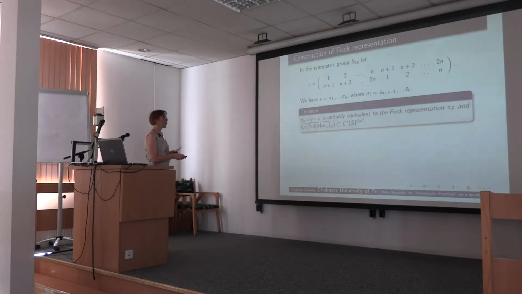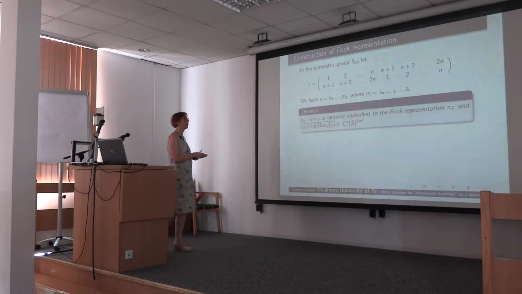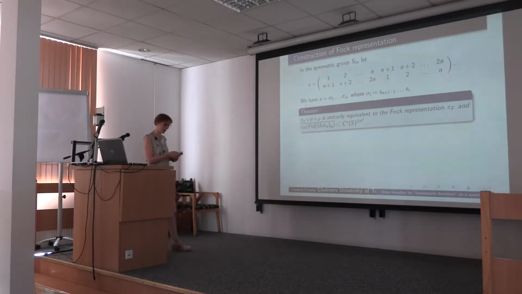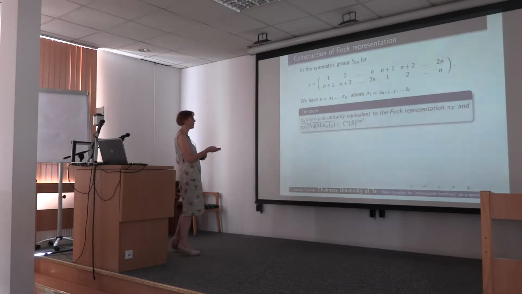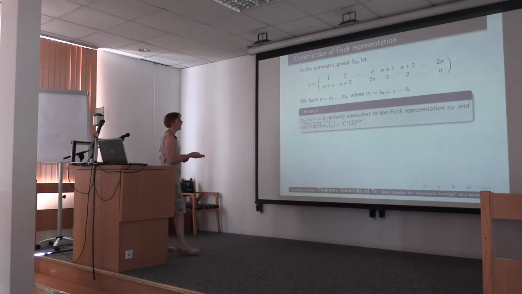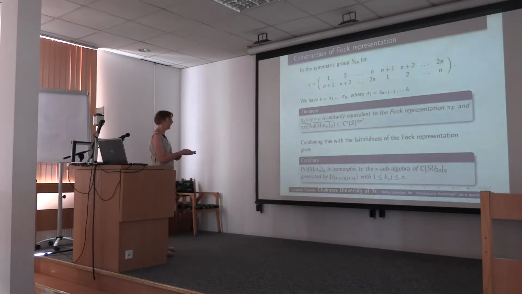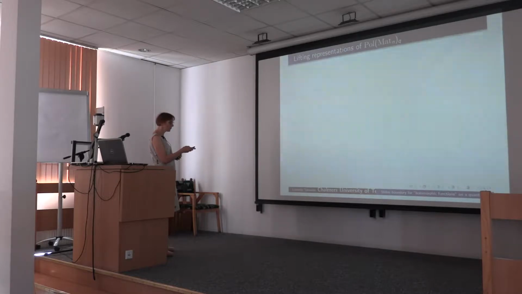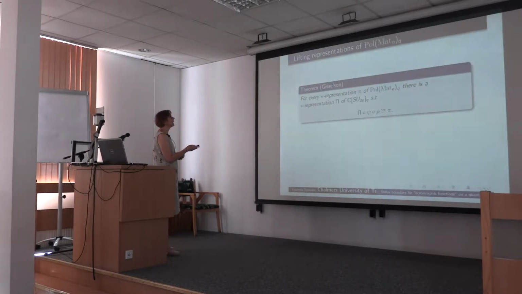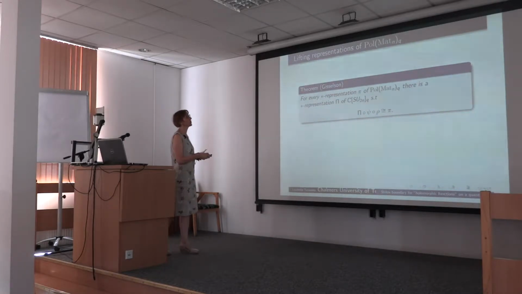The image of this Fock representation will be in the tensor product of n-squared copies of Toeplitz algebras. Actually this is also true in general: any representation of Holomorphic n Q can be obtained in this way.